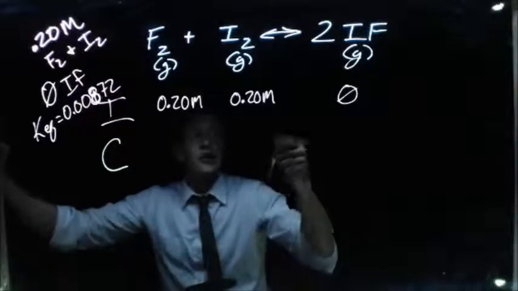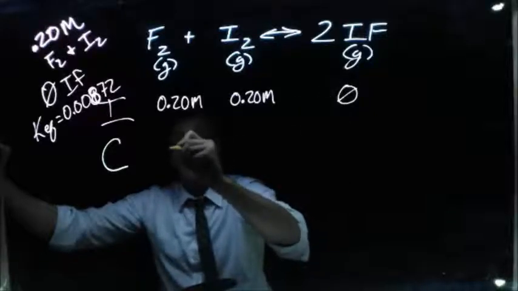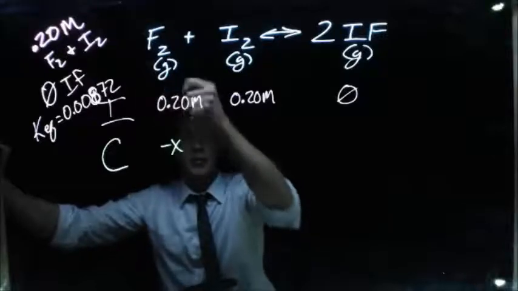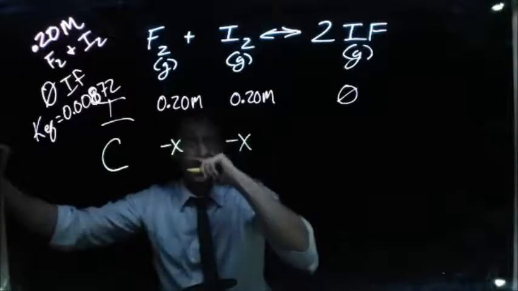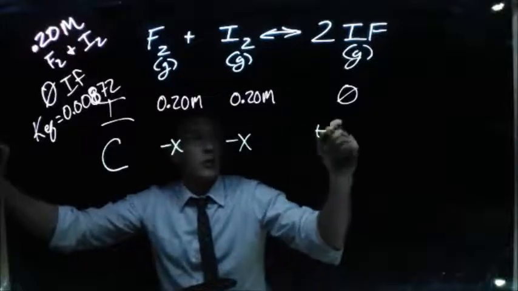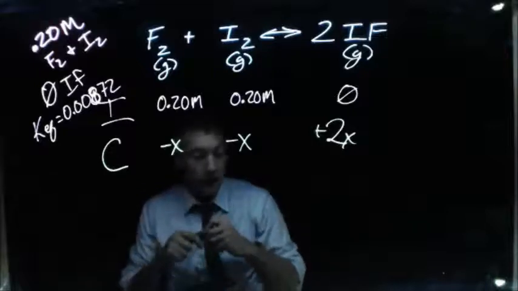Well, since there is no product and there is some of the reactant, we are going to lose X amount. And since these react in the same ratio, we will lose X amount from iodine as well. And as we do that, we will gain 2X on the iodine monofluoride.